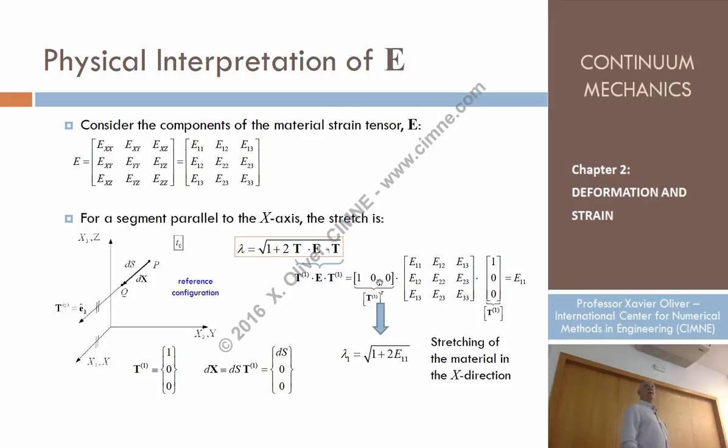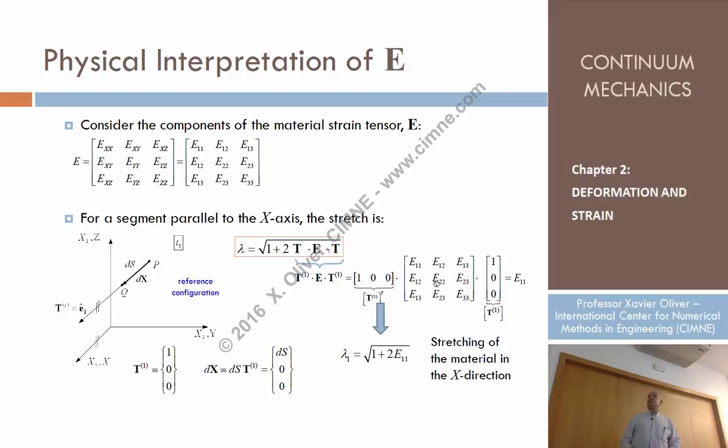It's relatively easy. Look, this is 1, 0, 0. So when I multiply this matrix times this vector, I will obtain the first column of this matrix, right? The first component of this product is E11 times 1 plus E12 times 0 plus E13 times 0, so this is E11. The second component would be E21, and so on.